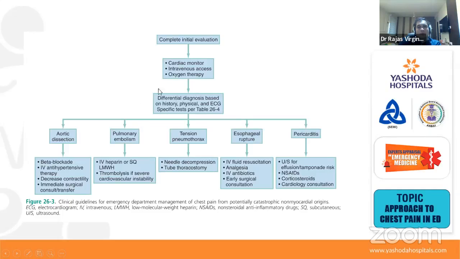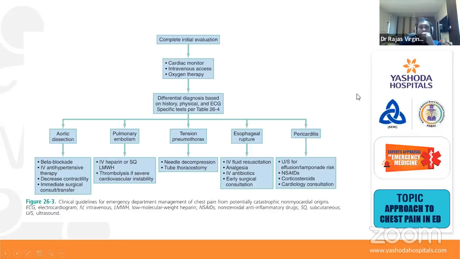So just coming towards an overview of what we have done in terms of a structured approach. It's very important to do an initial evaluation, apply cardiac monitoring, intravenous access or oxygen therapy based on the patient's clinical appearance or needs.